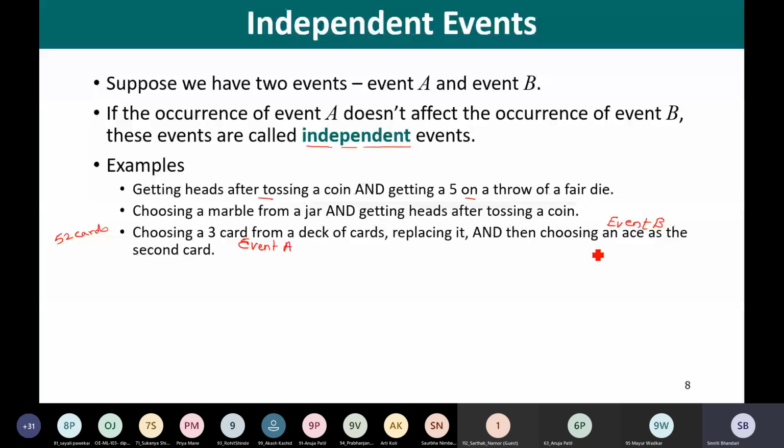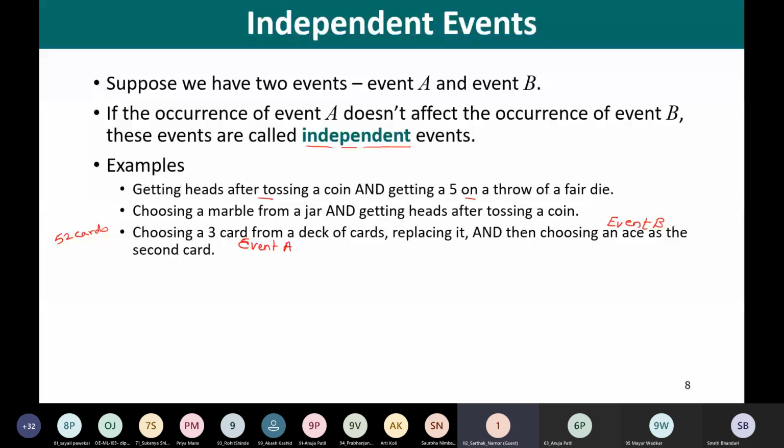And then another event is choosing an ace as the second card. So these two events do not affect the occurrence of one another. Event A doesn't affect the occurrence of event B. And that is why we say that these are independent events.